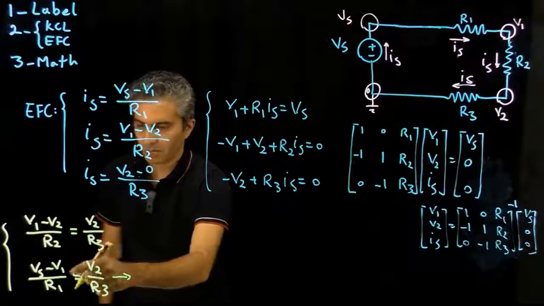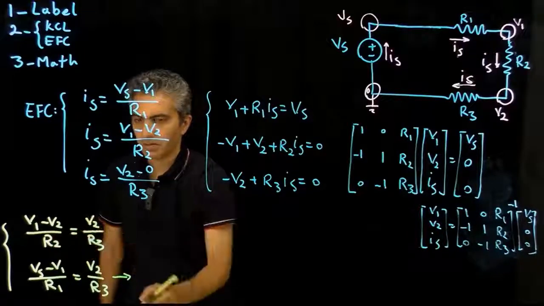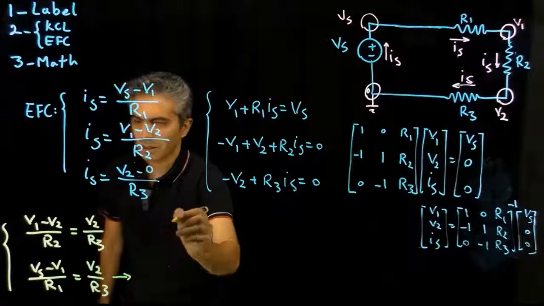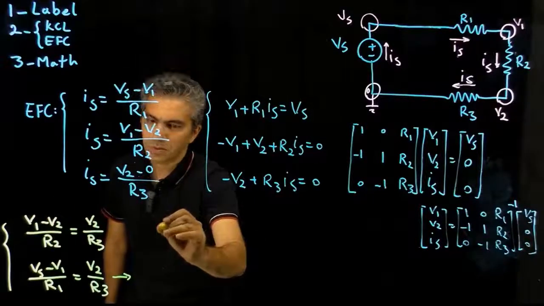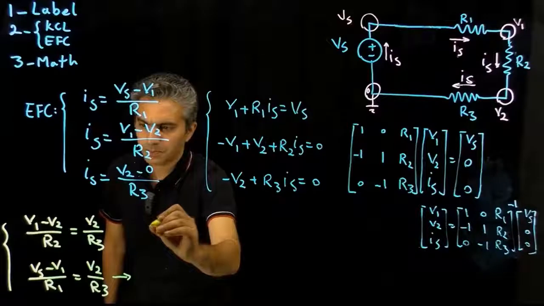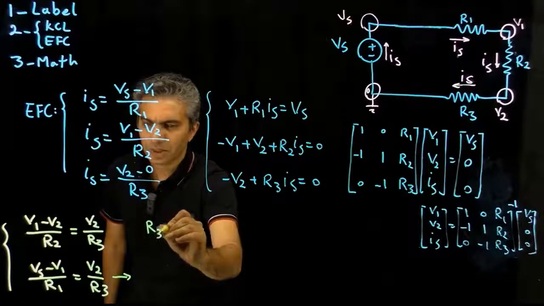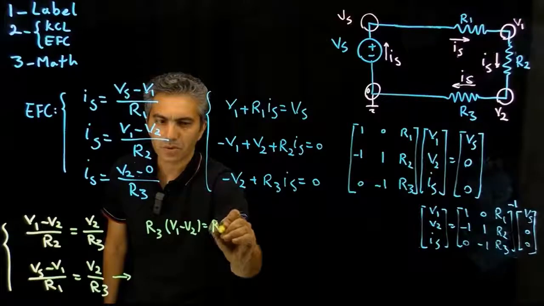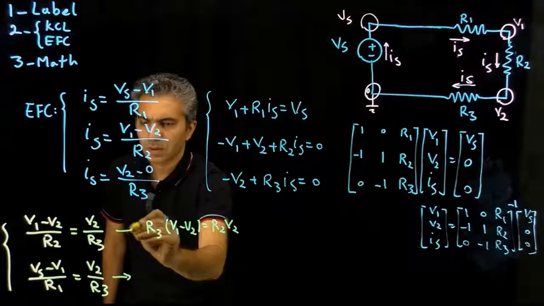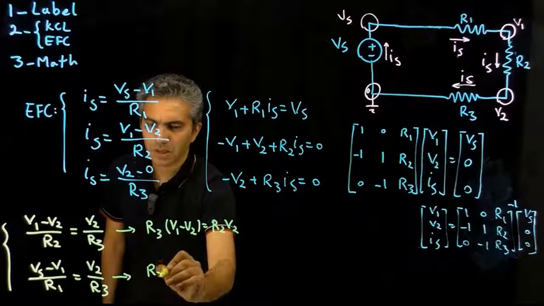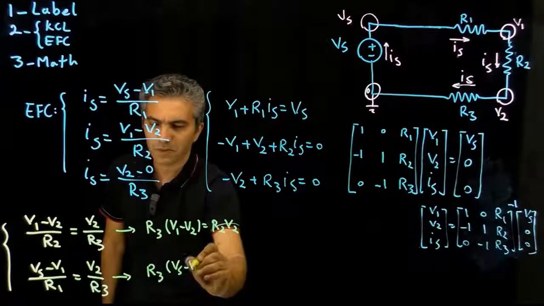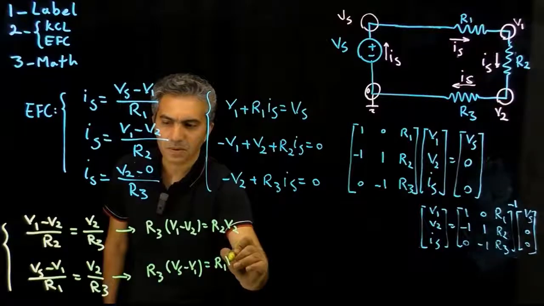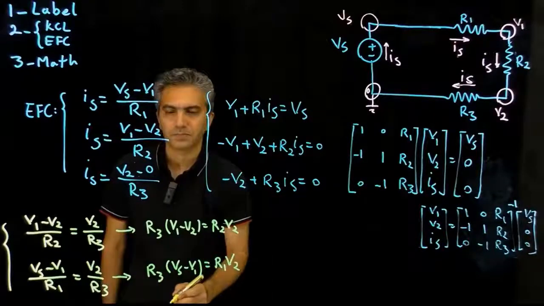So I multiply both sides by the denominator. In other words, I multiply this by the other side, this by the other side, and move them around. So R3 times (V1 minus V2) is equal to R2 times V2. And here R3 times (VS minus V1) is equal to R1 times V2.